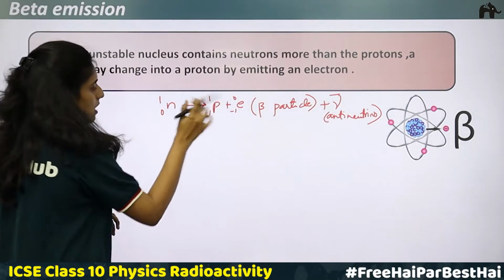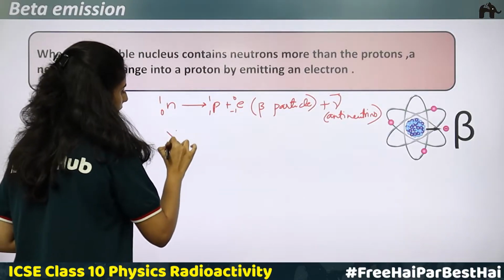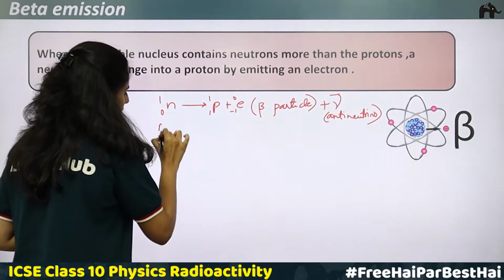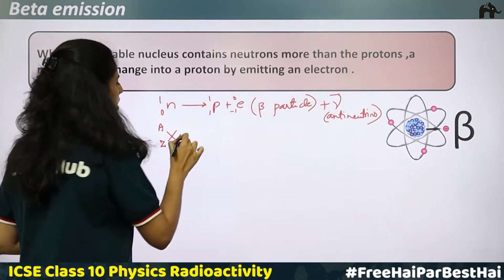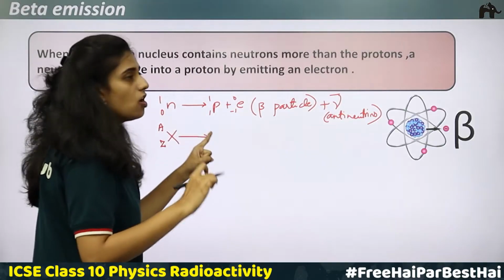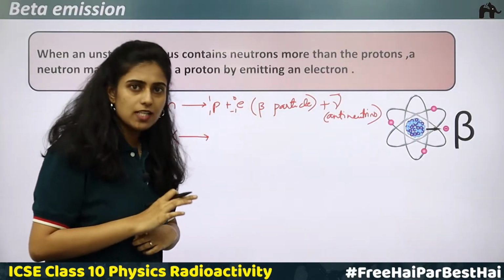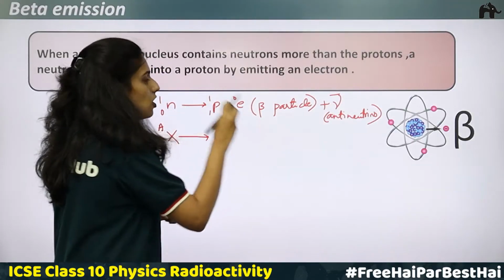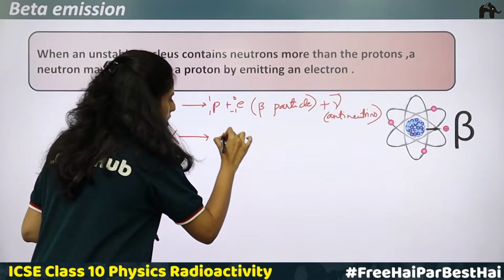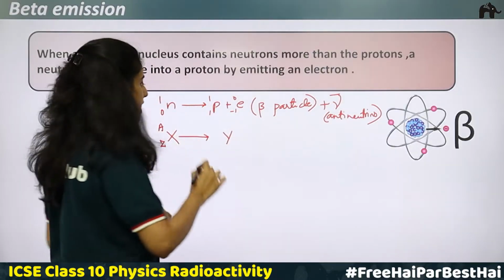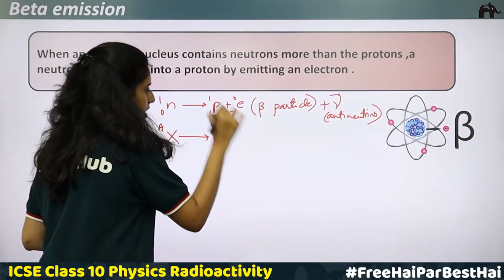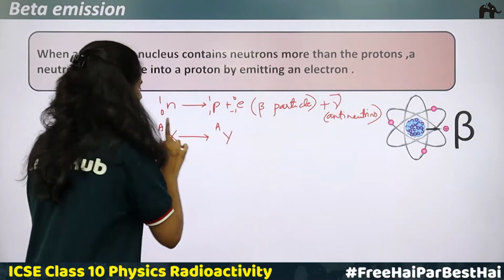Now for example, if you are taking a parent nucleus X with Z and A. Here you can see a neutron is changing into a proton, which means the number of nucleons will be the same. Yes, the number of nucleons is not changing, which means the daughter nucleus formed will have the same mass number.